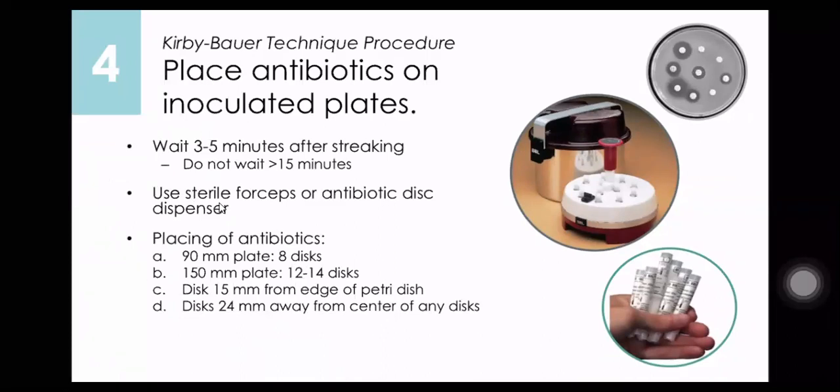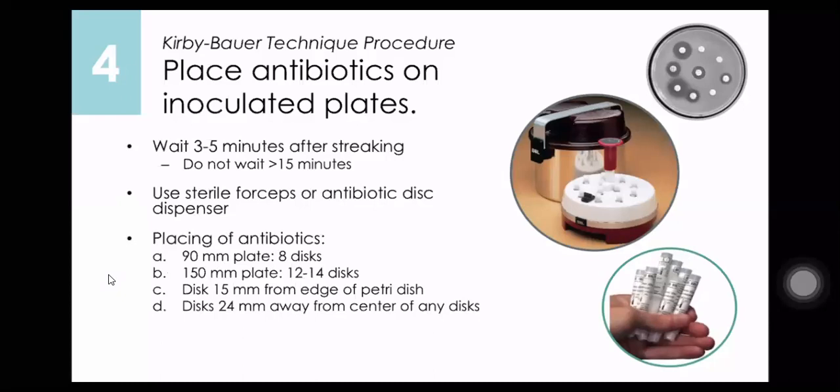Okay. So next, use sterile forceps or an antibiotic disc dispenser. When placing antibiotics, if we have 8 discs, we need a 90 millimeter plate, which is the medium size plate. And if we have 12 to 14 discs, we use the 150 millimeter, the large agar plate.